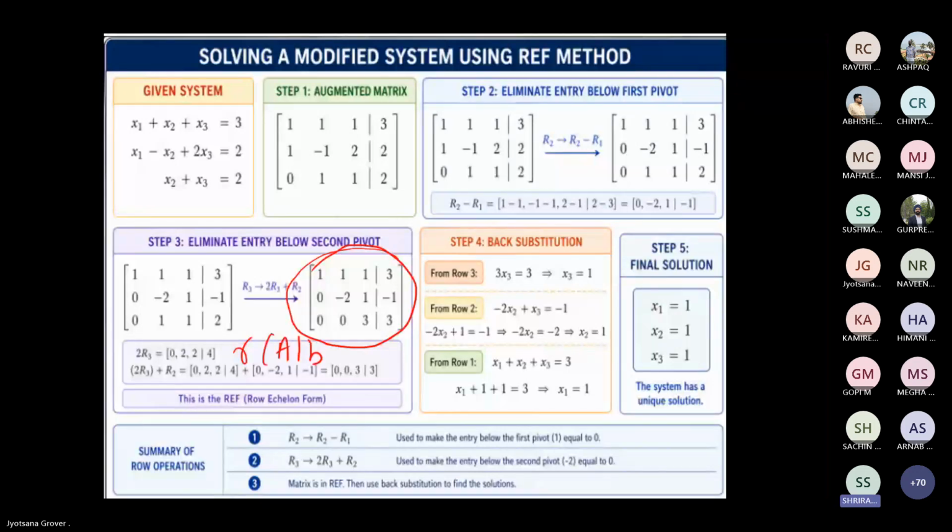The rank is matching. Rank of A augmented B is 3, because there are 3 non-zero rows. What about rank of A? You will consider only this matrix, and again you have 3 non-zero rows, which is again 3. Both are equal, which is equal to the number of variables.